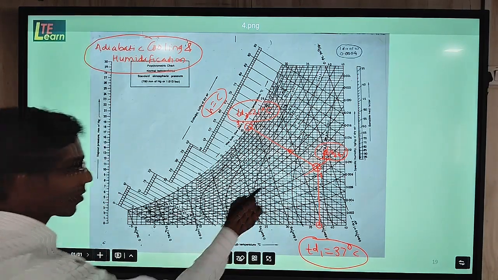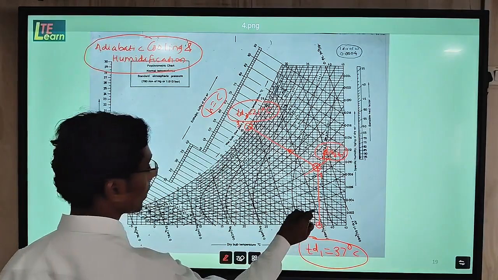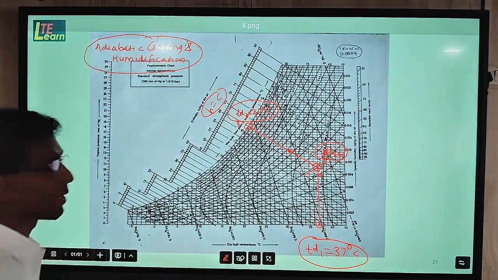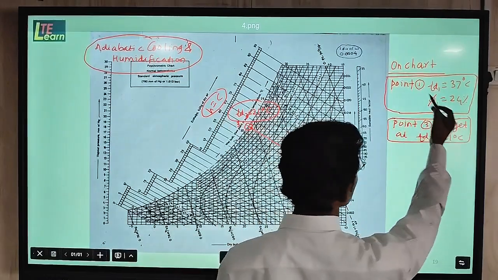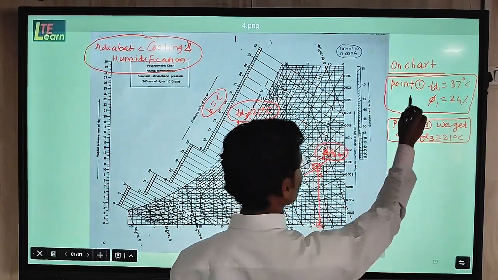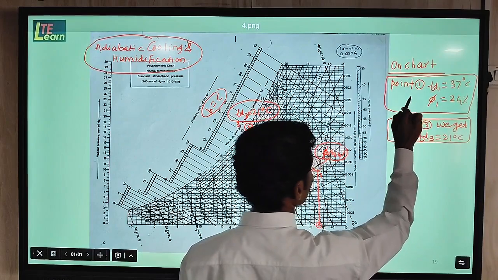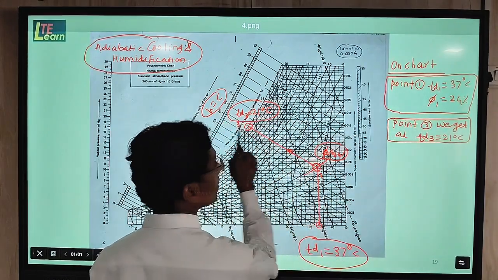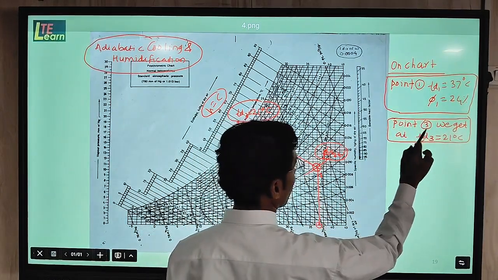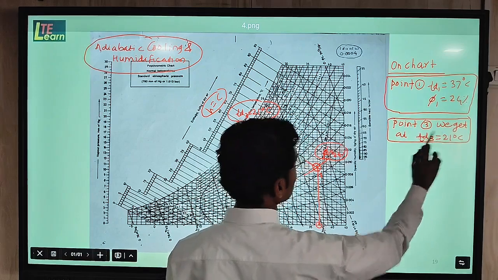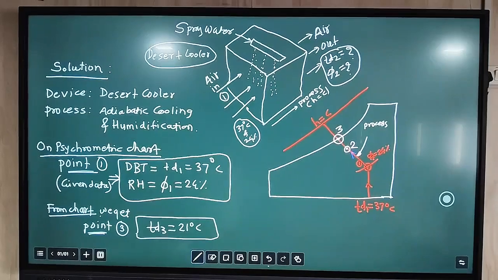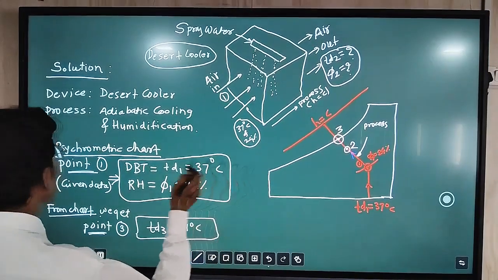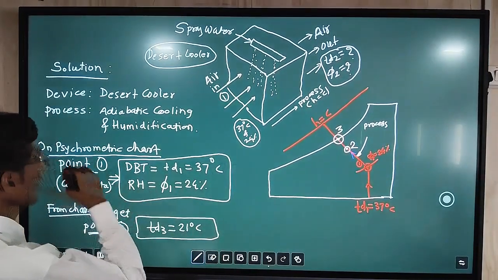So in the formula now we will put the values which we have obtained from the psychrometric chart. Whatever we have got, we have enlisted here also on the chart: point number 1, that is the entry point, and after doing the process, from the chart we get the TD3 temperature. So from the chart we have again come to this slide.